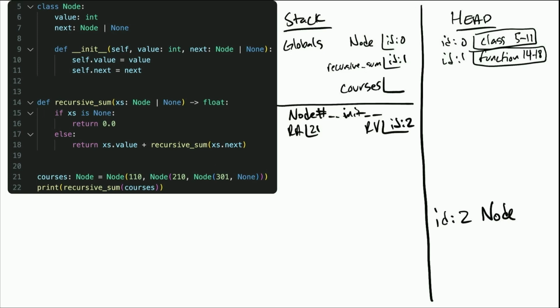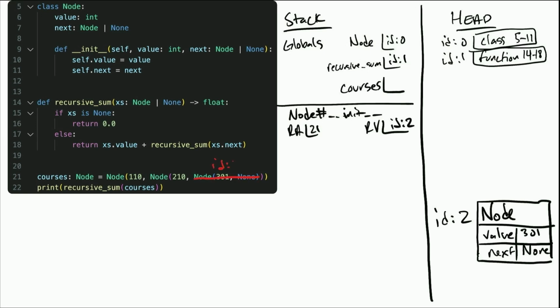So this is a node, and its value is going to be 301, and its next is going to be None. So this is our final node in our linked list. Right? This is constructing effectively a linked list of length 1. Boom. All right. And so what that means is, as we're evaluating this expression, we return this to the same line. And so this is effectively ID 2.